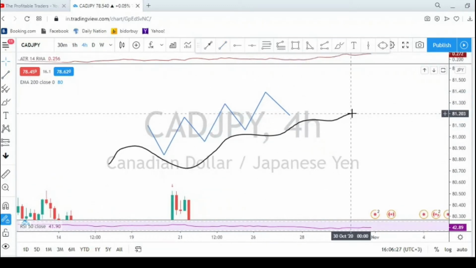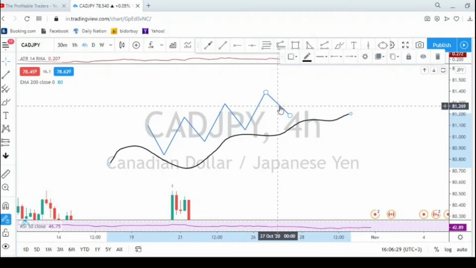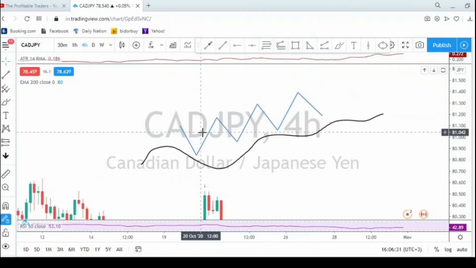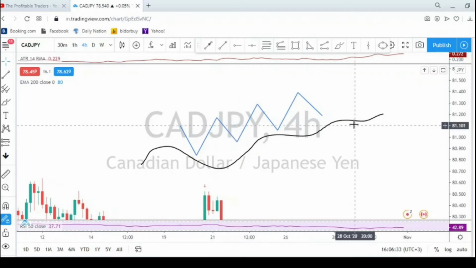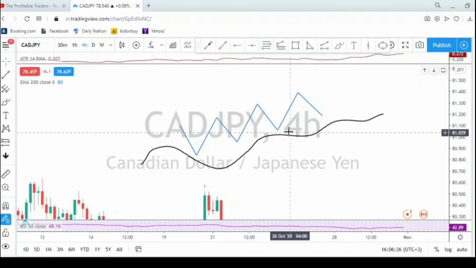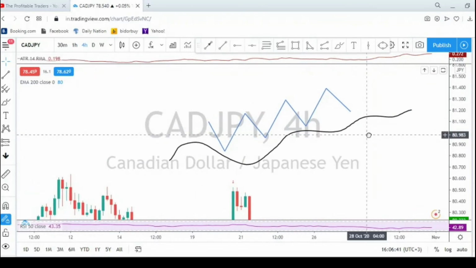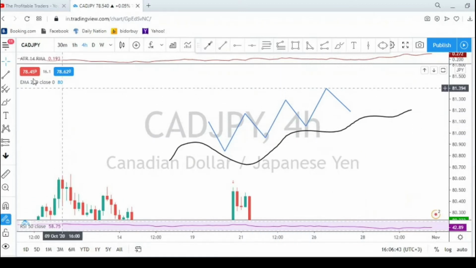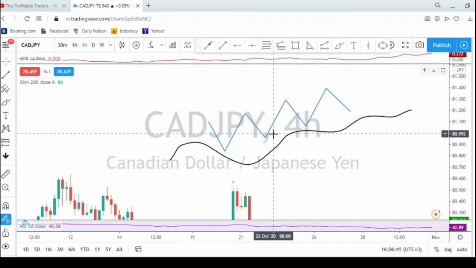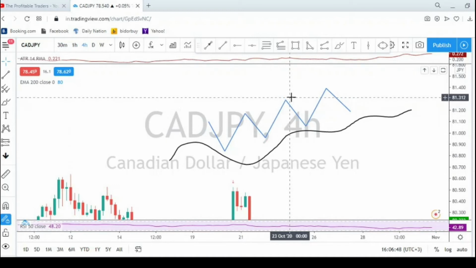Now this is your 200 EMA, and this is your market movement. When this market makes a pullback to this EMA but does not close below it, you look for an entry reason to enter the market to the upside.